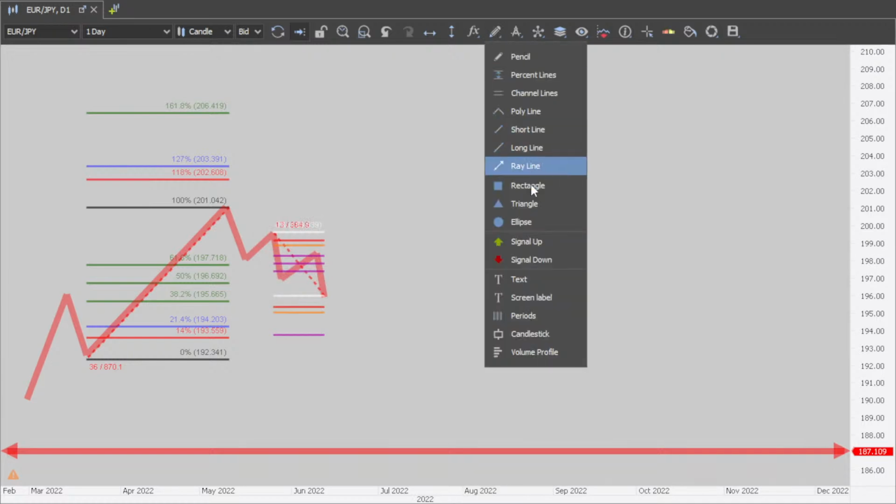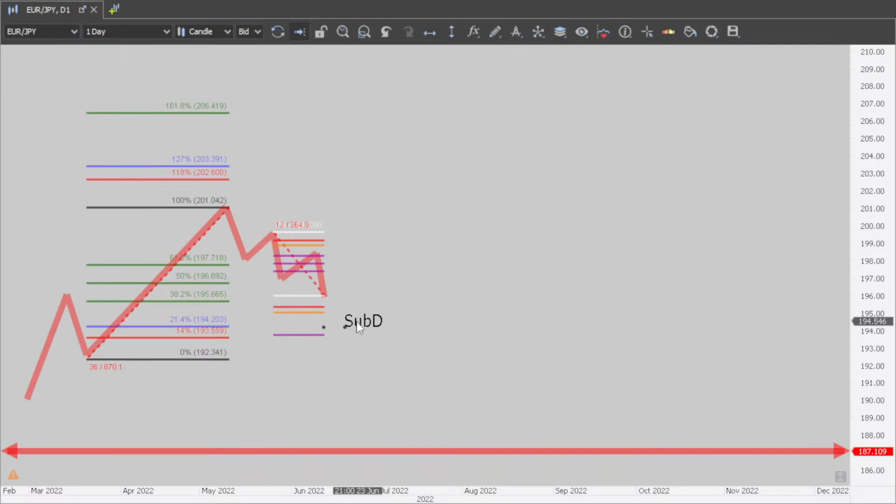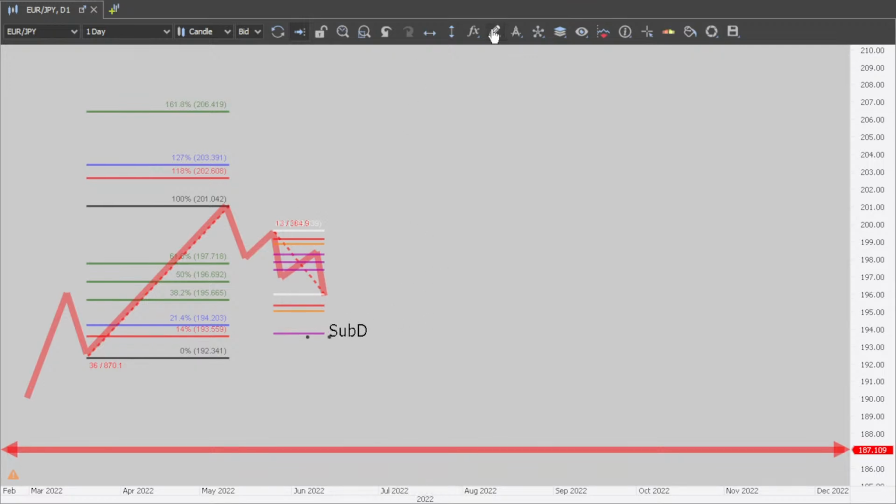We have different names for the Contrarian, but we have what is called the sub D: sub A, sub B, sub C, sub D. So this is the Contrarian in here until the sub D extension.